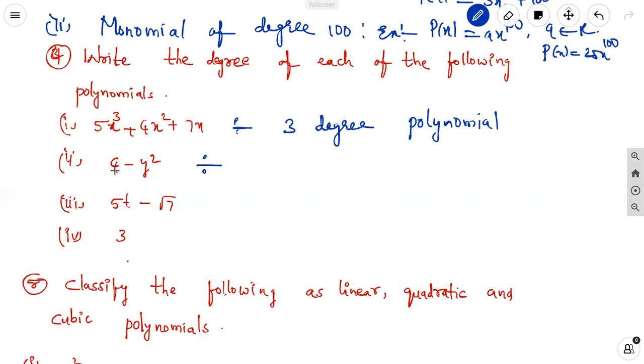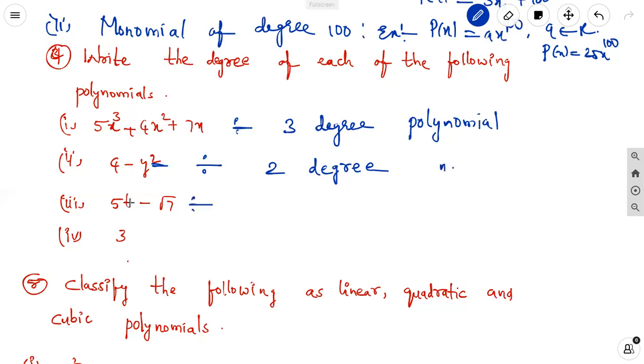The second one: y minus x square, y square, here the highest degree is 2. Whatever the coefficients, it doesn't matter. So it is a second degree polynomial.